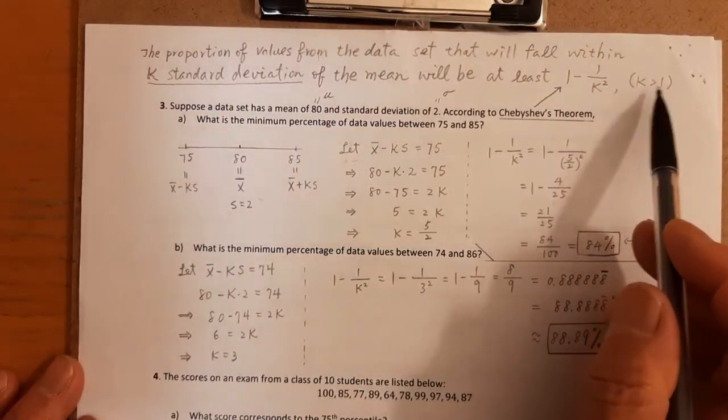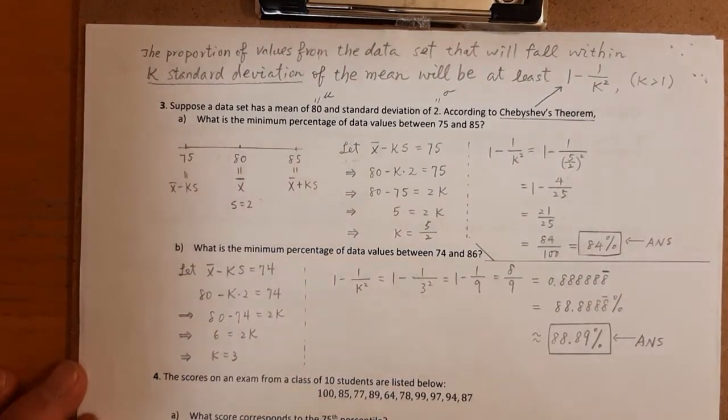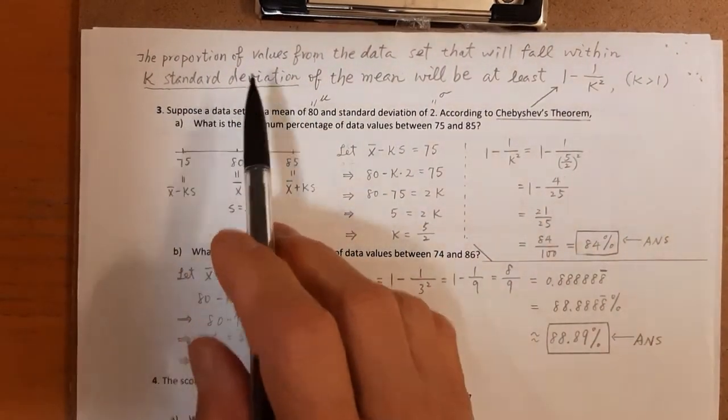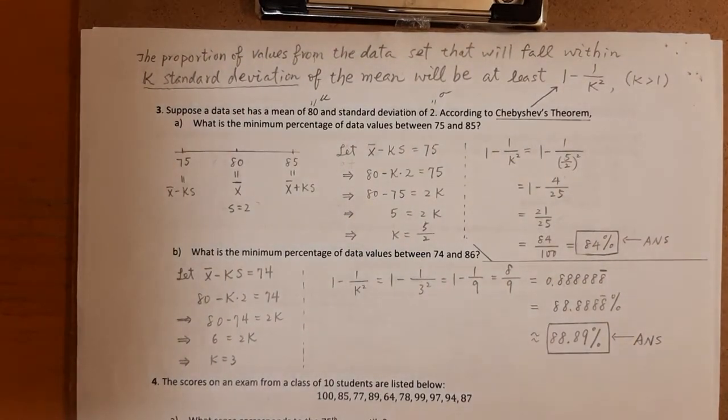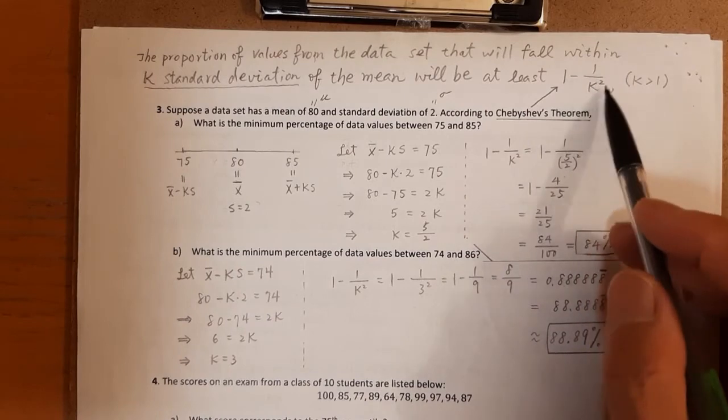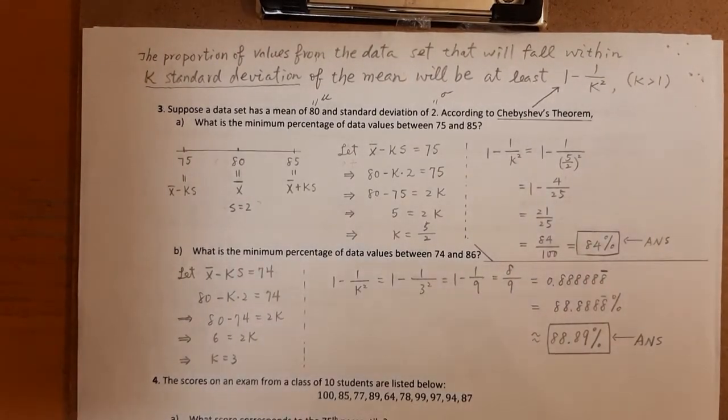Here K is greater than 1. In this formula, K represents the number of standard deviations, and 1 minus 1 over K squared is the probability.